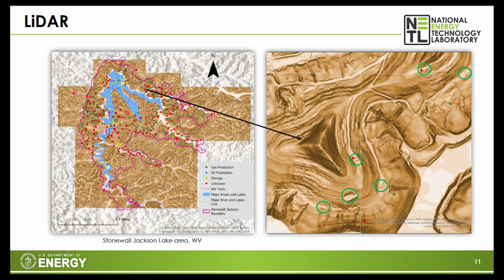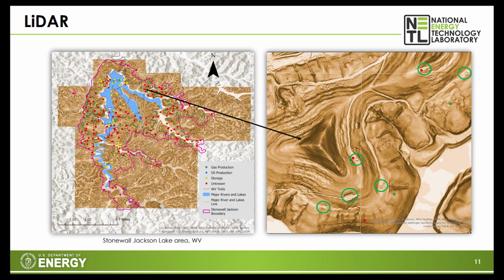So this is an example picture of a LiDAR map we have processed for the Stonewall Jackson Lake area in West Virginia. If you zoom in to the top right area of the map, you can see some well pads over there, and some of them are in the database and some are not. And this is a closer picture, so you can see almost all the points are in the database.